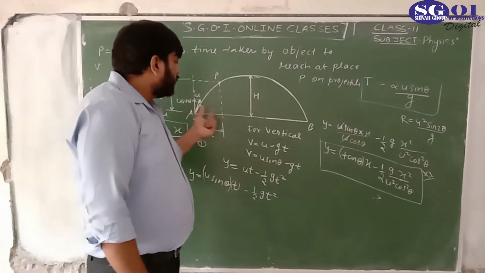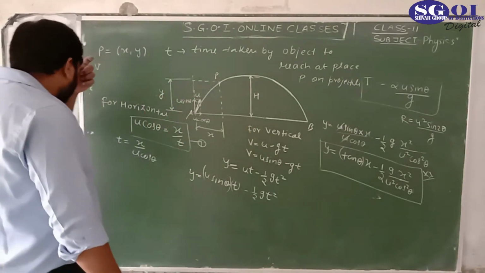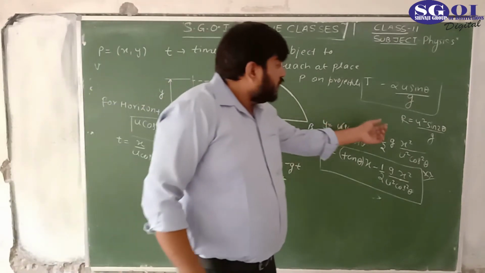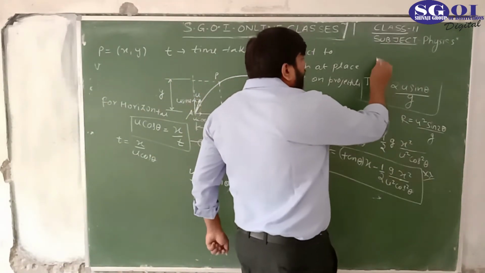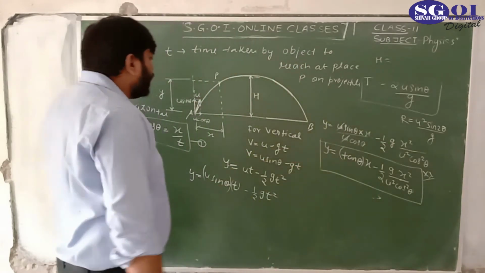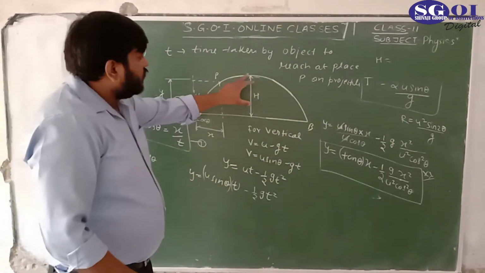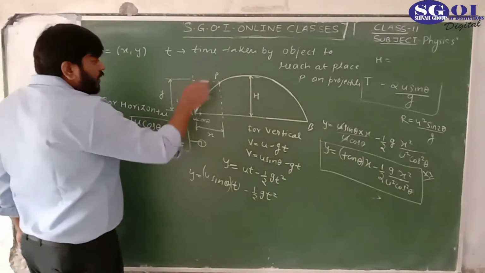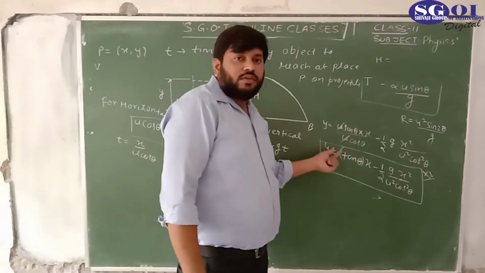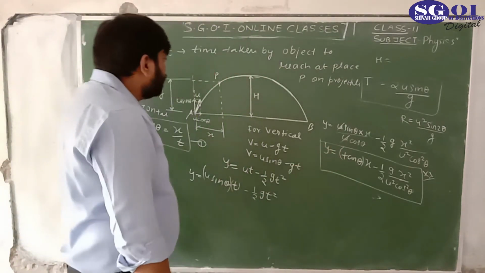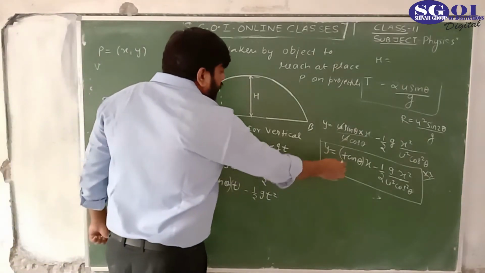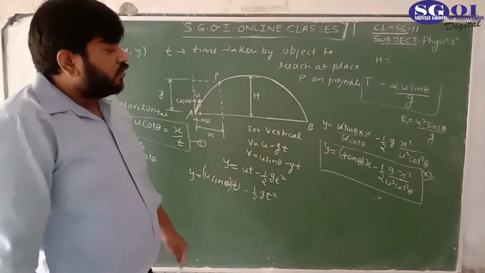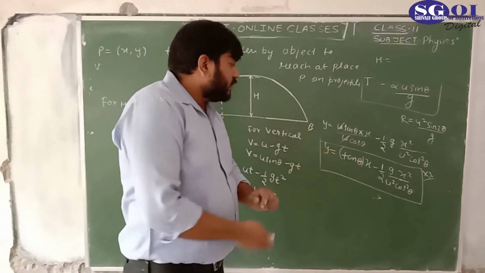Solve the same concept independently here, and from this equation we can also find the maximum height h. At maximum height h, y becomes h, so in place of y we could put h, and for x, this is u cos theta into time t.